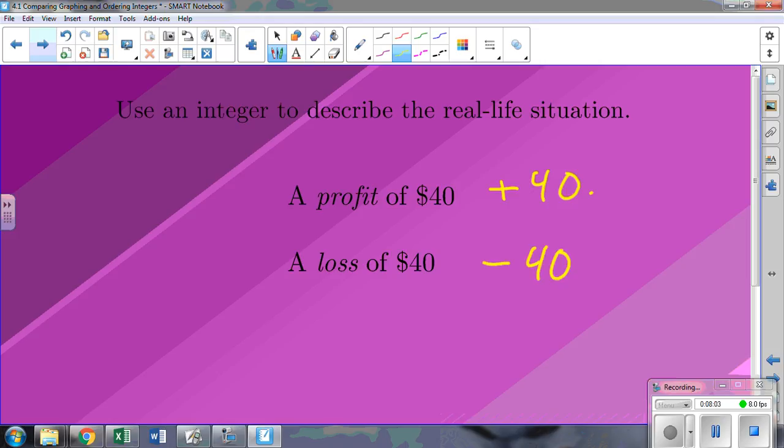And we can simply write out the number, positive or negative, based on the context. And that's it. Whenever you read a problem, we know things like a height would be a positive, depth would be a negative. We know temperatures above 0 are positives, temperatures below 0 are negatives.